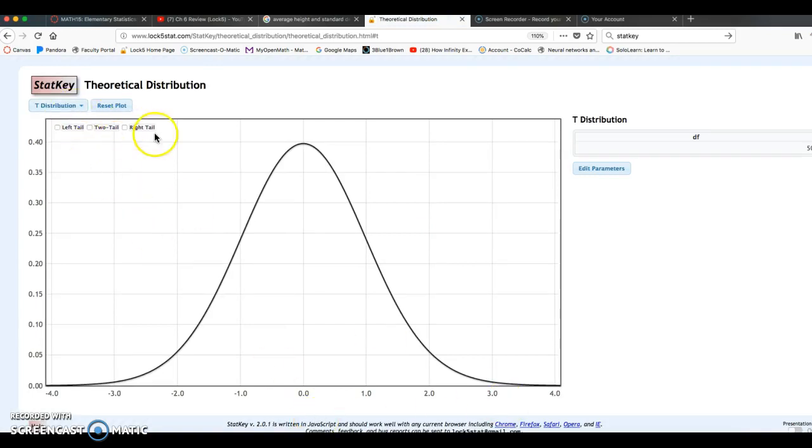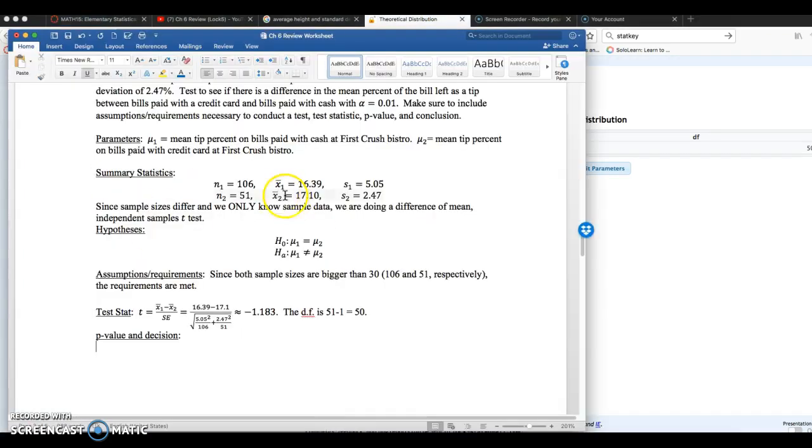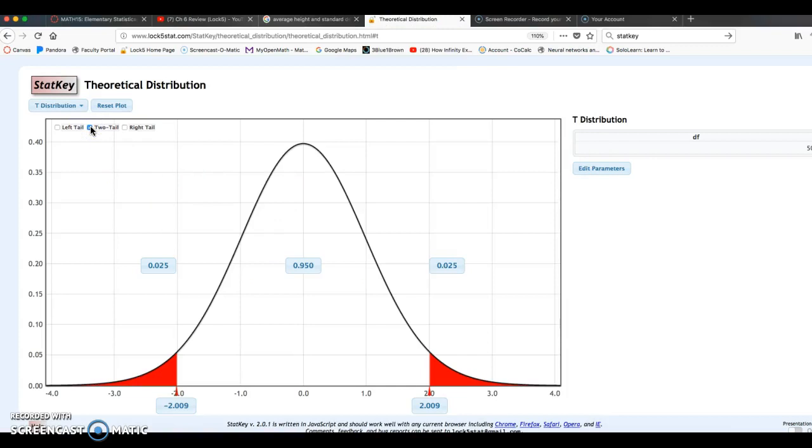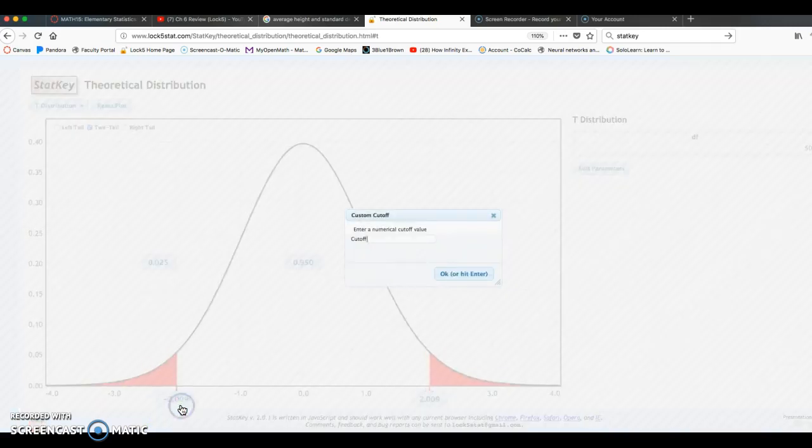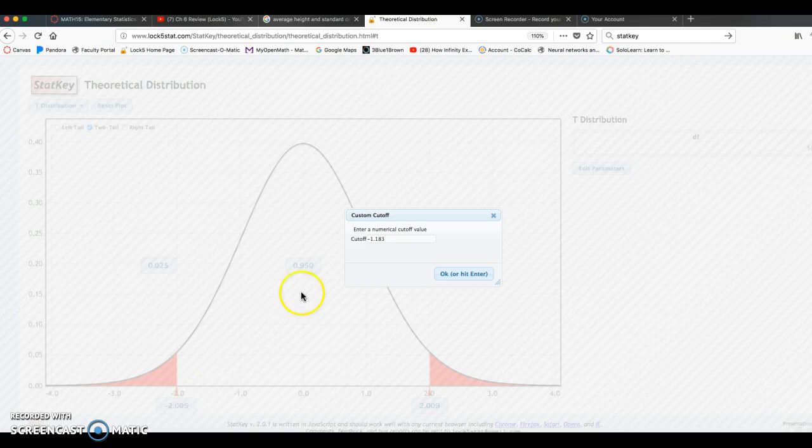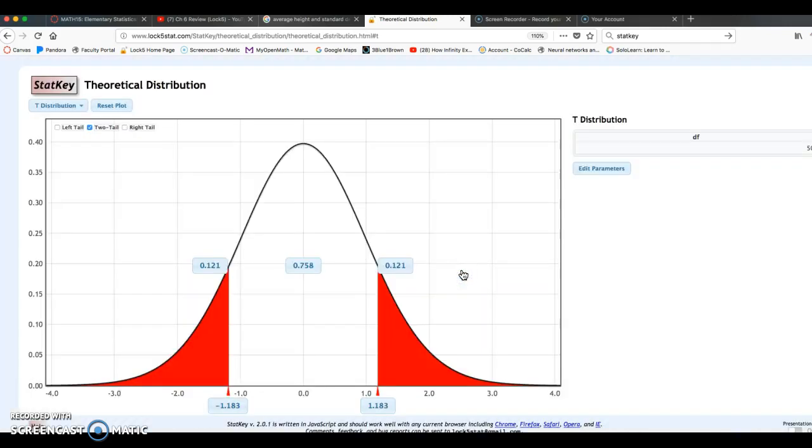And I forgot to make a comment on the note sheet. Since the alternative hypothesis is a not equal, make sure to click on two-tail. We're doing a two-tail test. And my test statistic was negative, so I'm going to go on the negative side and change that to minus 1.183. Click OK. And the p-value is going to be both of the tails combined, or I could take 0.121 times 2.